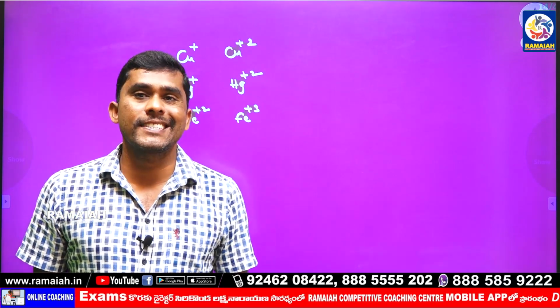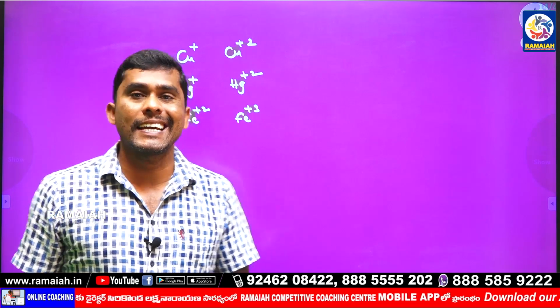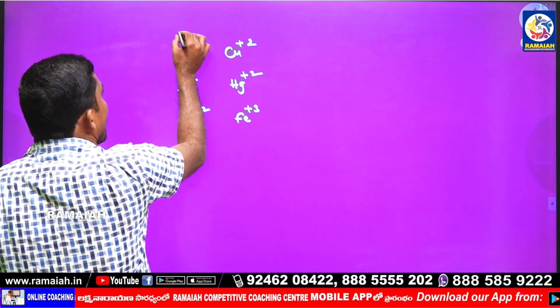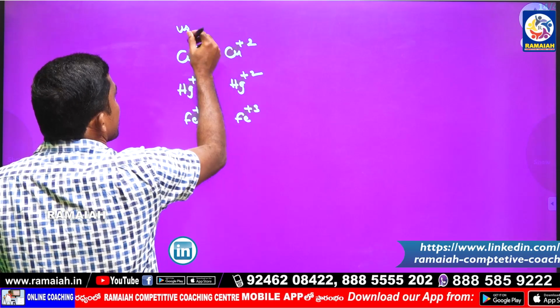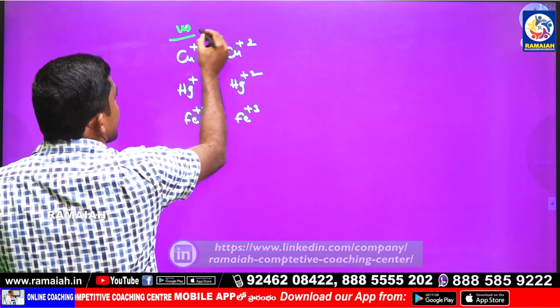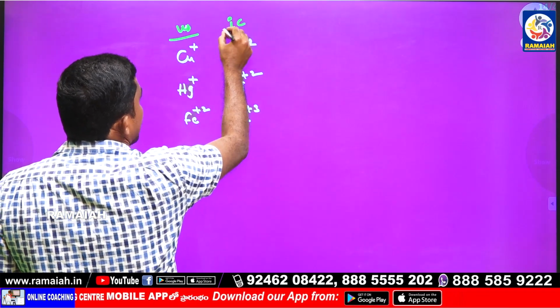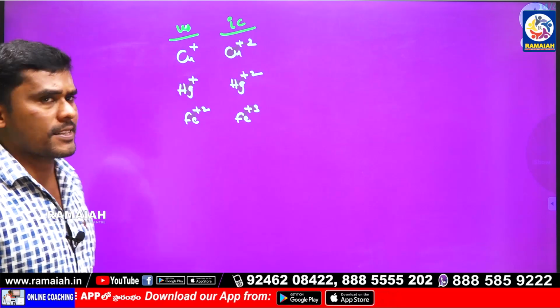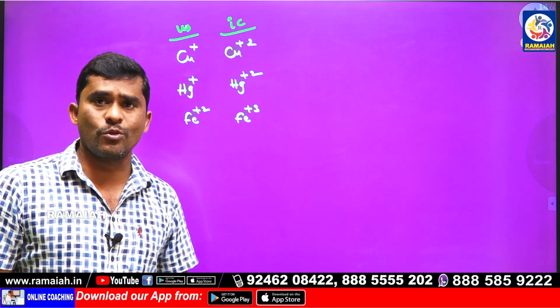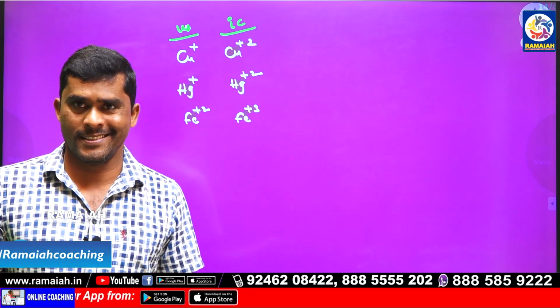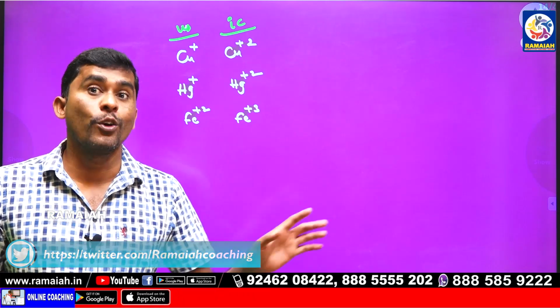Higher oxidation state is called -ic. These are known as -ous, these are known as -ic. Cu+ is the lower oxidation state, so it is called cuprous, not cupric.